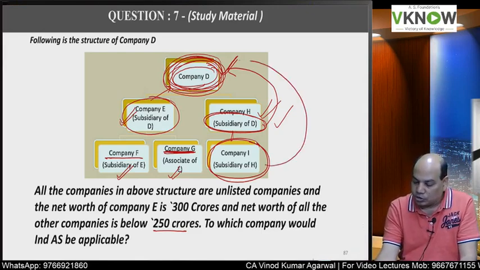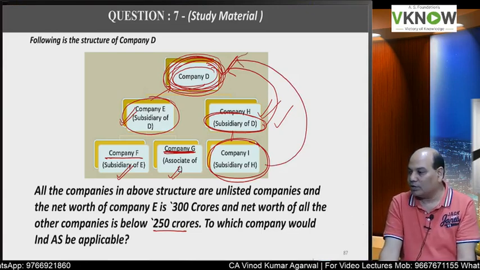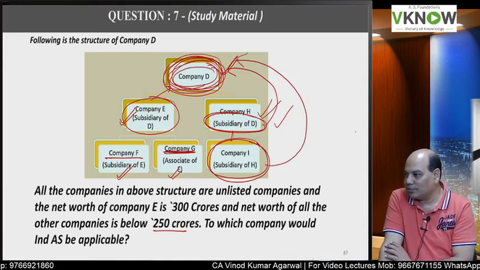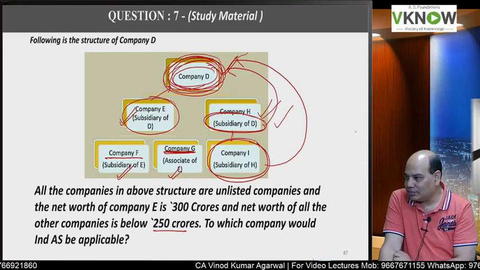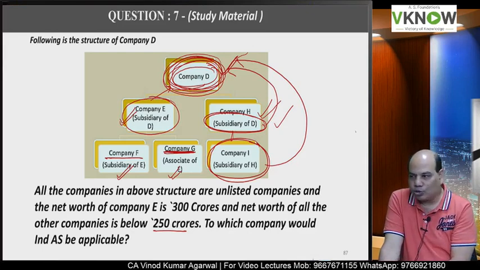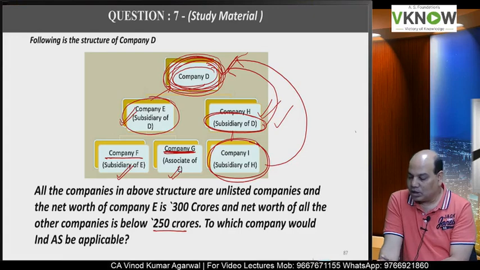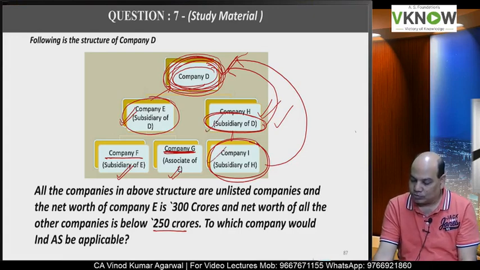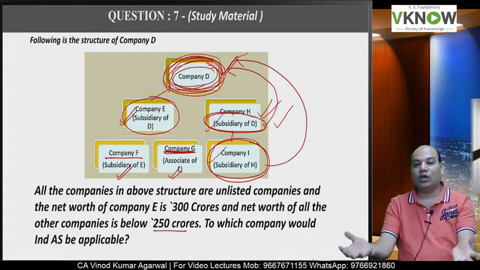So this will also, either it will voluntarily adopt Ind AS, is it right? Or it will prepare 2 sets of financial statement so that parent can consolidate. So some group companies, what they do, they ask these 2 companies also to voluntarily adopt Ind AS.